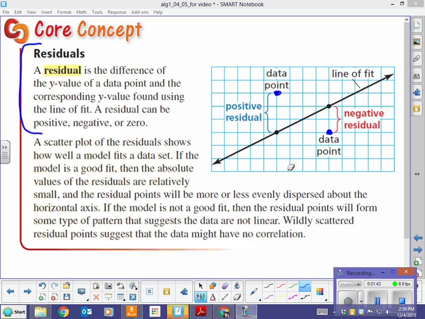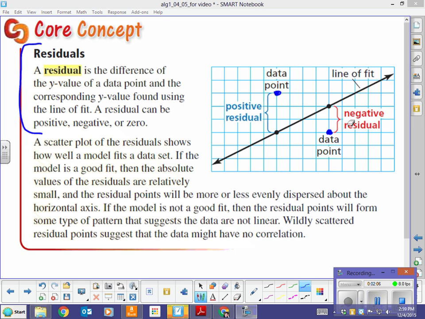If it's kind of like a straight line around the axis, it's a pretty good fit. And if it's all over the place, then it's not going to be a good fit, a good correlation. Okay, and we'll talk about that word a little bit more in a second. So make sure you get the vocabulary word residuals down. You might want to draw the diagram just to show yourselves what the residuals are.